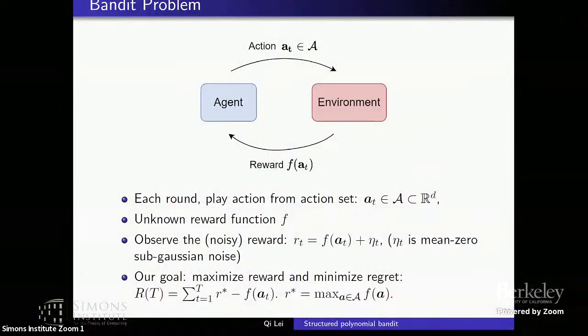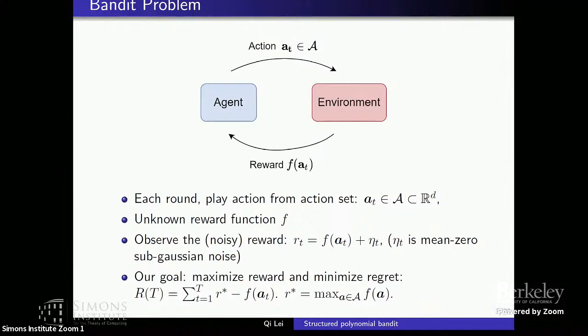So every round, the agent will have some strategy and sample some actions based on the strategy inside some action set. And there is some unknown reward function, and the agent will observe the noisy reward, which is just f of the action plus some noise.